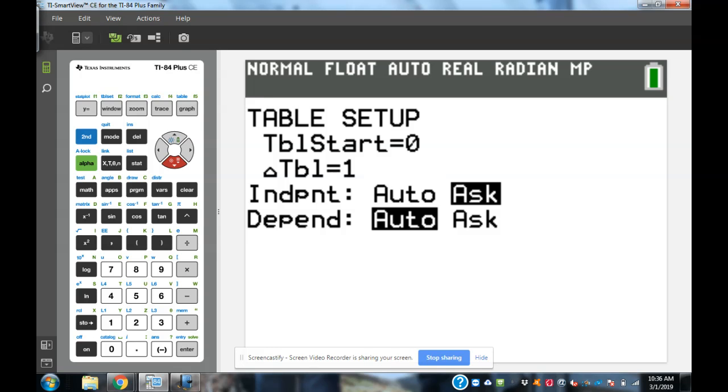Is everybody with me on that? I don't want to run off and leave anybody, because if yours is not set that way, you're going to have trouble. Okay. All right, so we're going to type in the equation x squared plus 6x. Second window.